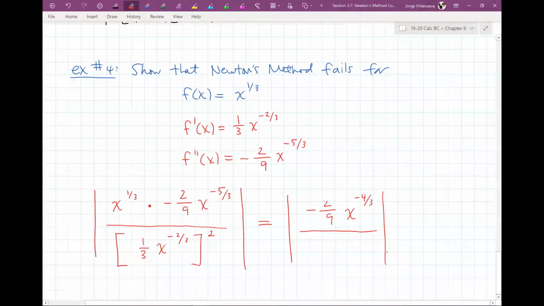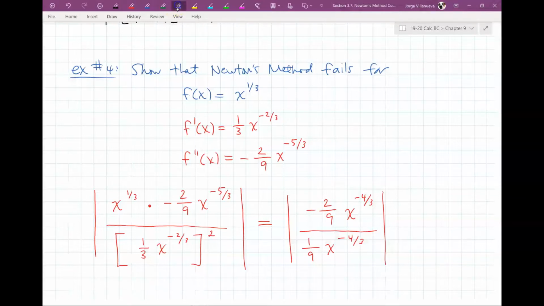And then on the bottom, 1/3 x to the negative 2/3 squared, that'd be 1/9, and then that's x to the negative 4/3. Because when you take a power to a power, you multiply, right? So it's negative 2/3 times 2. So it'd be negative 4/3.